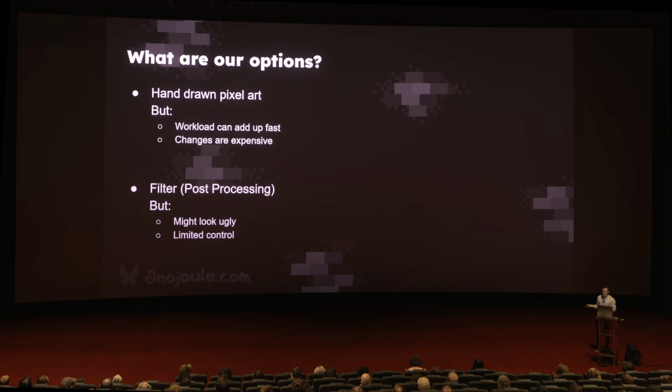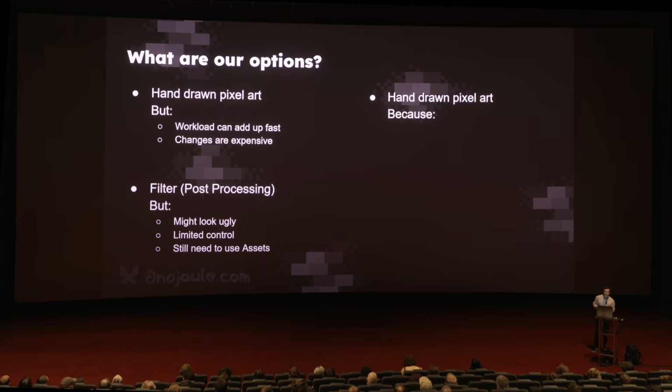And you have limited control, so some effects might not work with this post-processing filter at all, and you have some issues maybe navigating these types of scenarios. And you still need to use assets. So if you have some flaming effect, maybe that's not pixel art specific. With the filter, it might look like pixel art. But yeah, you still need those initial assets with these filters.